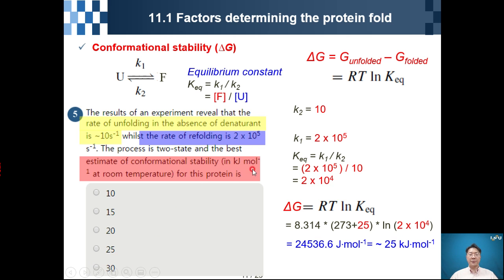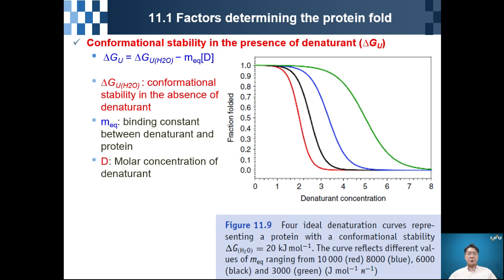In this slide, I will show you a new concept: conformational stability in the presence of denaturant. Previously we learned conformational stability in the absence of denaturants. Now we will learn how to calculate it in the presence of denaturant, which we call delta GU.